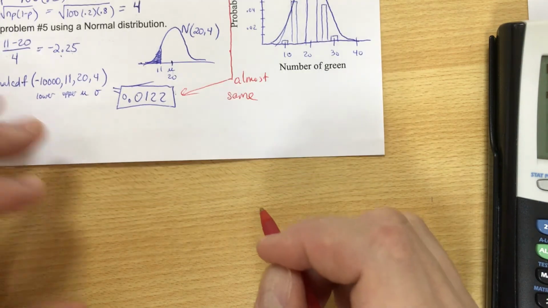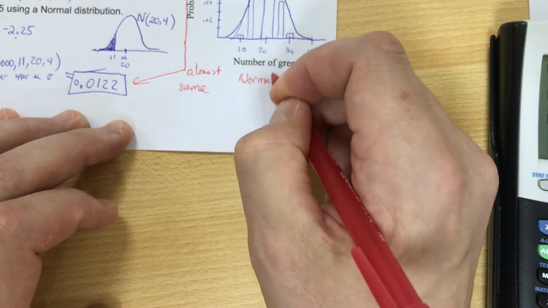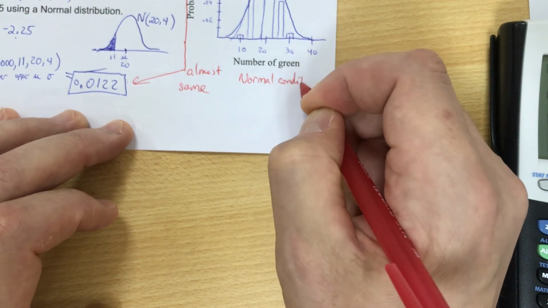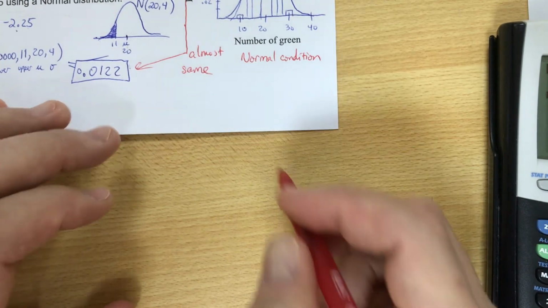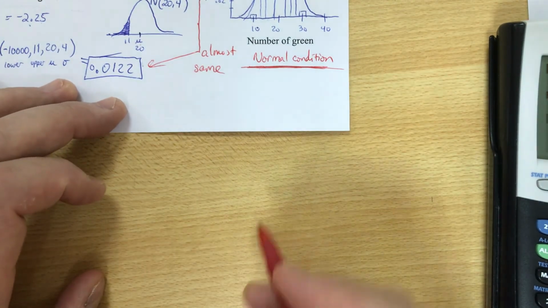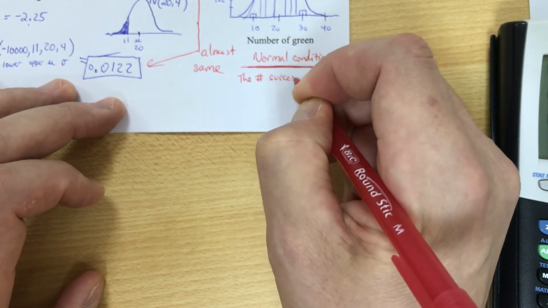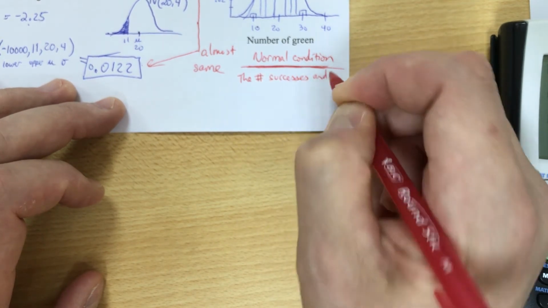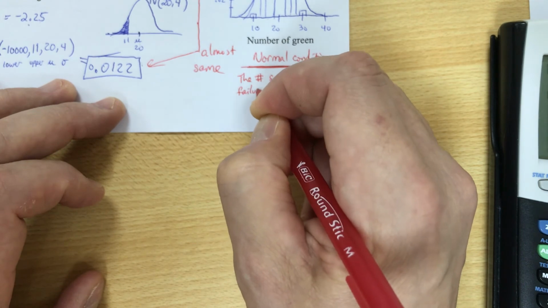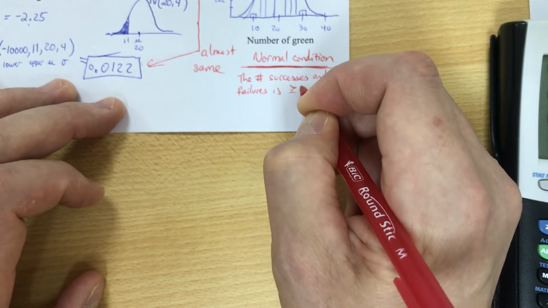And so in this situation, the normal condition: we can say that for a binomial setting, we can use a normal distribution if the number of successes and failures is greater than or equal to 10.